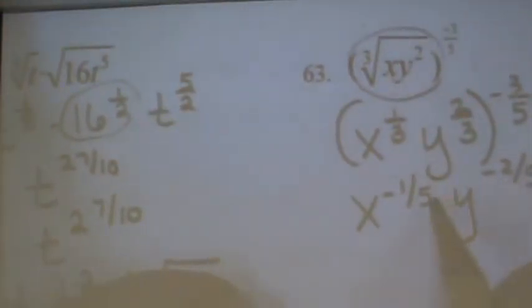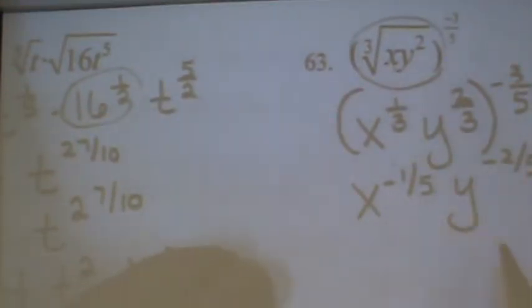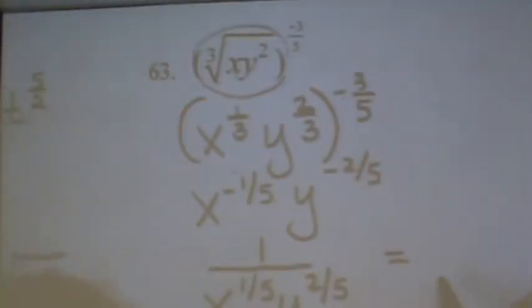So the negative exponents mean we bring them to the denominator. Now this 5th index means in the denominator, we have the 5th root, and then we have 1 x, and we have 2 y's. And on top we have a 1.